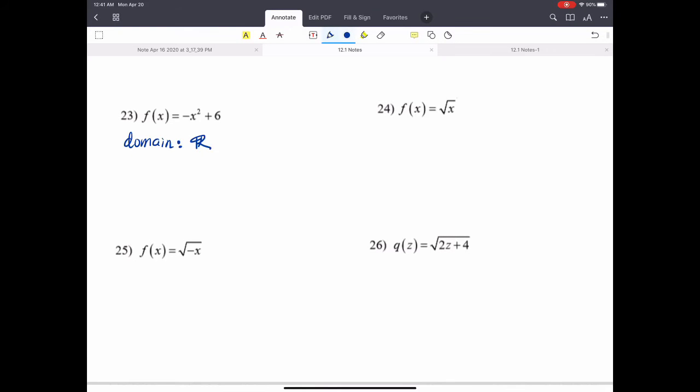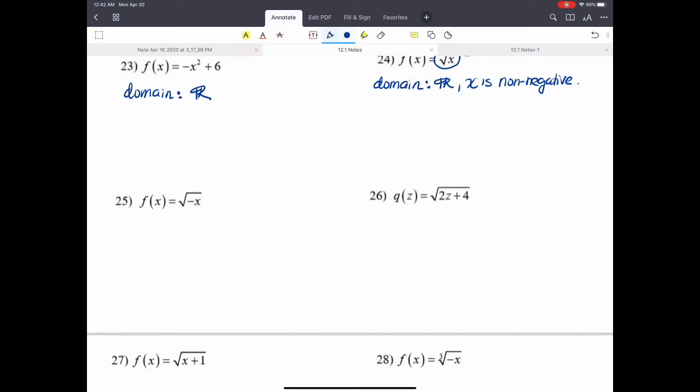Now number 24 is a radical function, a square root function. And when you have a square root function, we definitely have to be careful about what the square root is. And so the domain is going to be all reals as long as x is non-negative. And then number 25 is a little bit weird because you already have a negative in the radicand. If we add a negative, like let's say we add -4, well then negative 4 really makes positive 4.